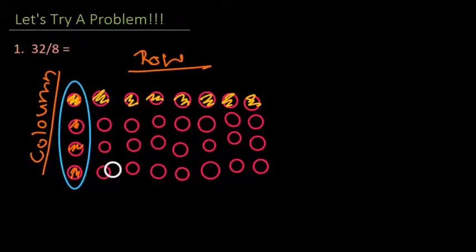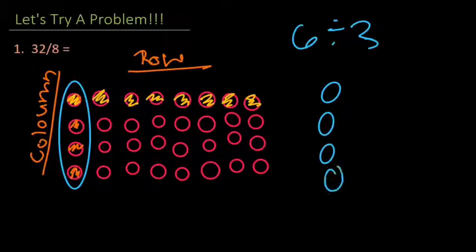When you're drawing it other ways, it doesn't always have to end up like this. You can make it harder and have it different, but I like doing this. Suppose we have 6 divided by 3, and we have 1, 2, 3, 4, 5, 6 circles like that. They're pretty much ovals, but sure.